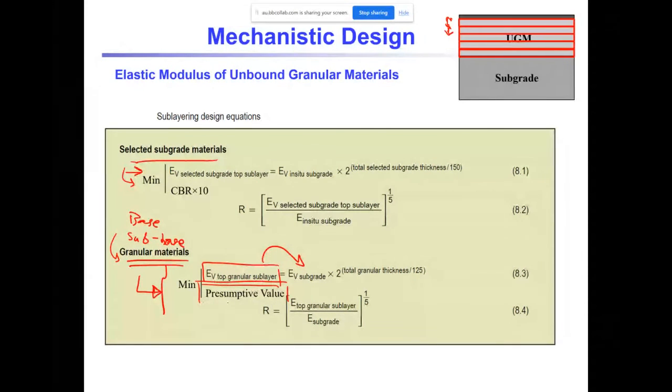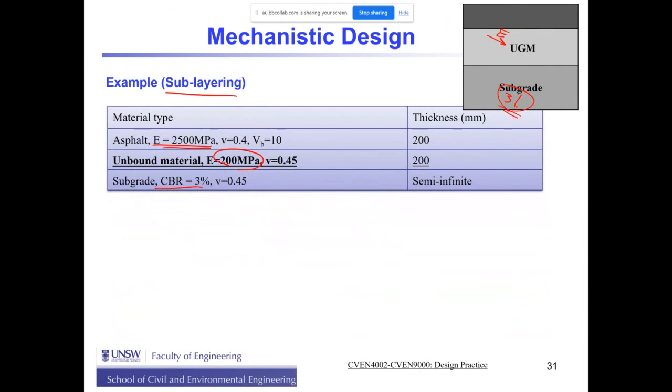We also need to read some presumptive values provided by Ostrows and pick the minimum value. So the first thing we want to do is divide the unbound granular layer into 5 sublayers, and then for the top layer we want to determine E top.